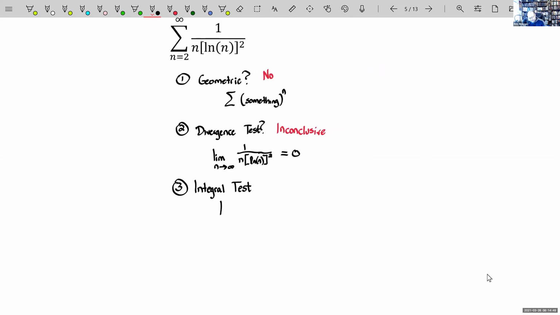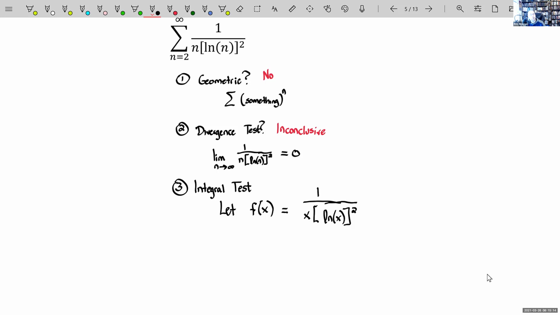Well, you're going to let f of x be the same thing as your sequence, but with x's. So it's going to be 1 over x times the quantity natural log of x, and this is to the second power. Now I need to make sure all three conditions to use the integral test are satisfied.